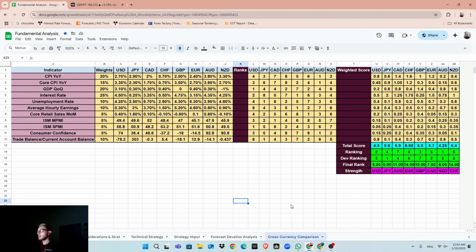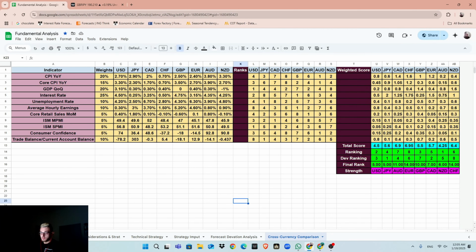Now, if I am scalping, I will have more weights on the forecast deviation analysis. So it will be like 70-30% weight. And if I am taking a swing trade, it will be 70-30 in the other direction. So there will be a huge compensation on cross currency comparison.